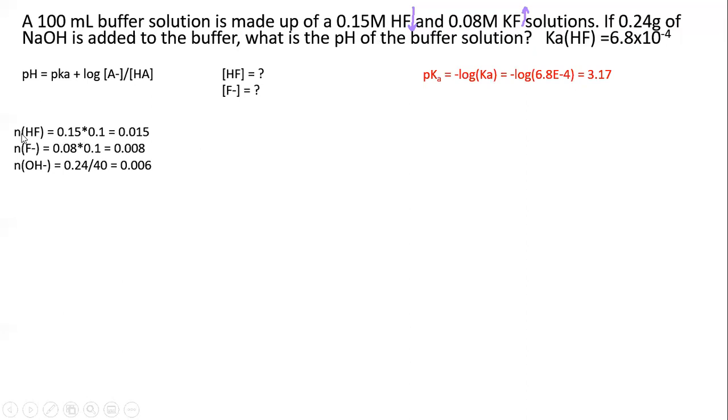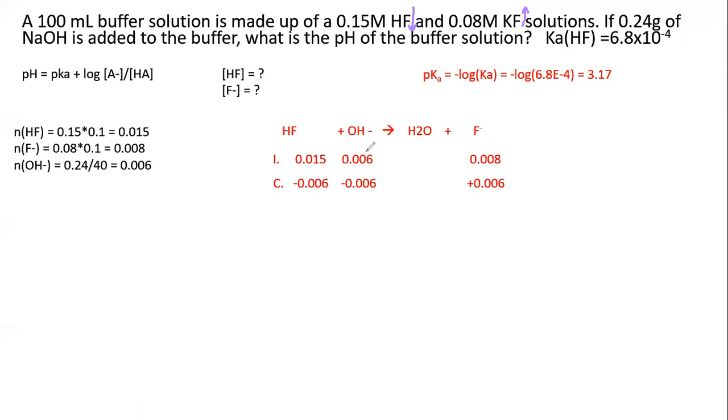And we need to determine the initial number of moles of HF, F minus, and OH minus. And again, since we're adding a strong base, it's going to react with the weak acid to form more weak base. So initially we have this many moles of weak acid, strong base, and weak base. The change is all of the hydroxide reacts with the weak acid to form weak base.